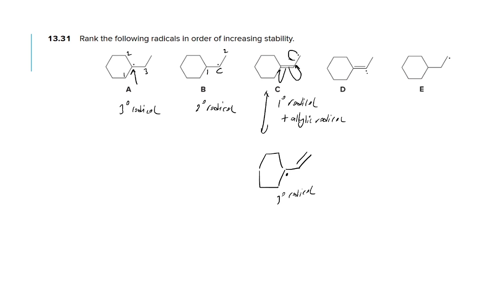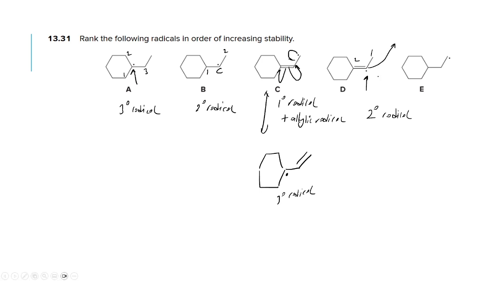Option D is the radical here is on the carbon, and we have 2 neighboring carbons. So this is a secondary radical. But the radical is on a carbon having a pi bond.